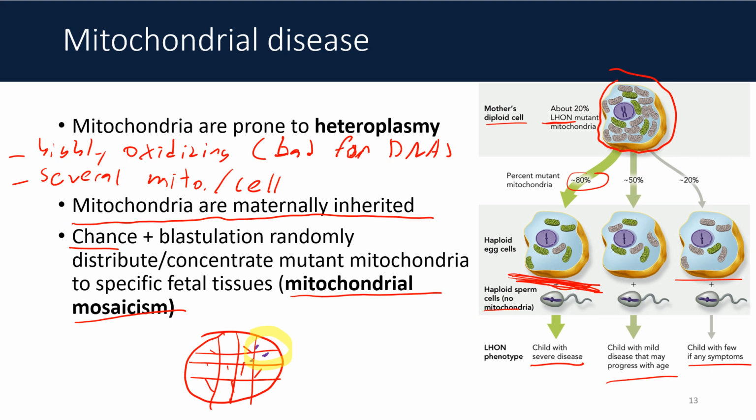If those mitochondria get populated into progenitor cells that become, I don't know, the brain or the heart, then that can create severe problems early on. So mitochondrial mosaicism, the possibility to have these different manifestations of these phenotypes, can be a really challenging problem to parse out.